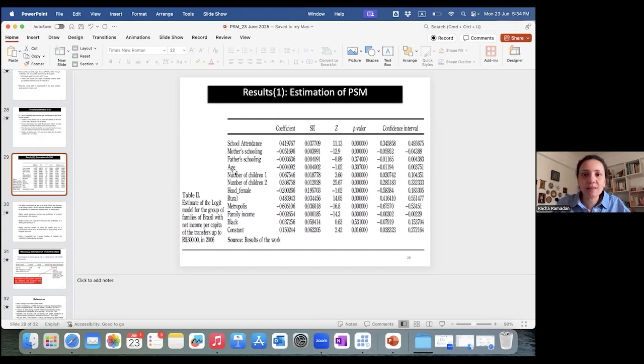So assume, for instance, I am a group and you are a group. I am treated, you are control. Okay, we were matched based on these characteristics. But then when we compare the average of these characteristics between both of us, for instance, you find that my school attendance is significantly different from your school attendance.